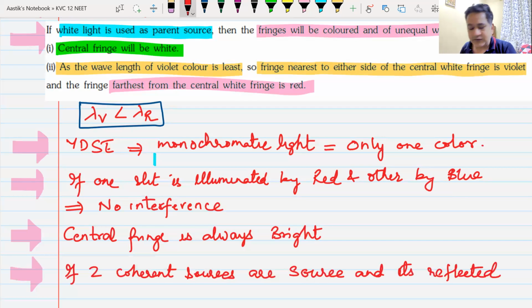I can produce coherent sources in this way also. I will have one source of light, let us say this, or if possible, I can show you that. Let me see if I have the image of that. I have that image, so it's better I show you this image.